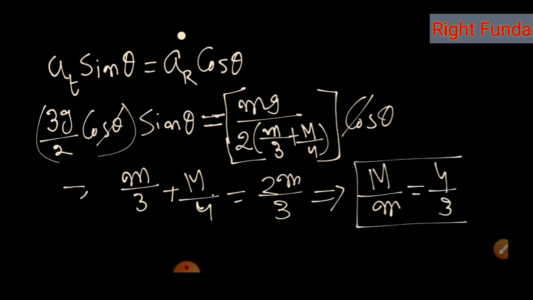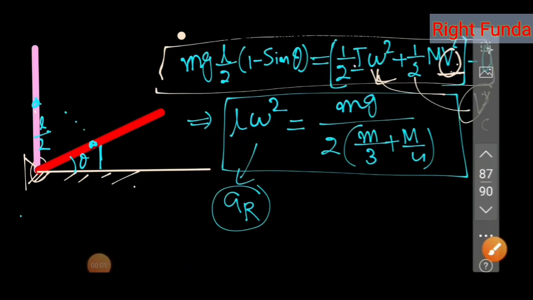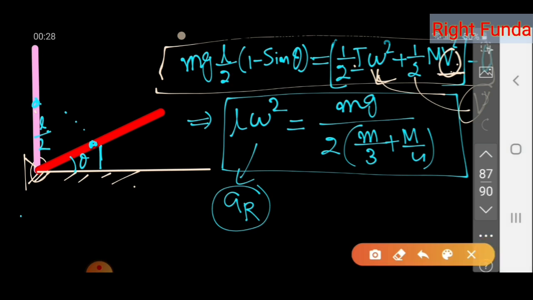So we got the relation for the masses of the blocks. After this, the second question asks to calculate the velocity of this block at the time of losing contact. We have the work energy theorem relationship, with capital M here and one-third ml square here.